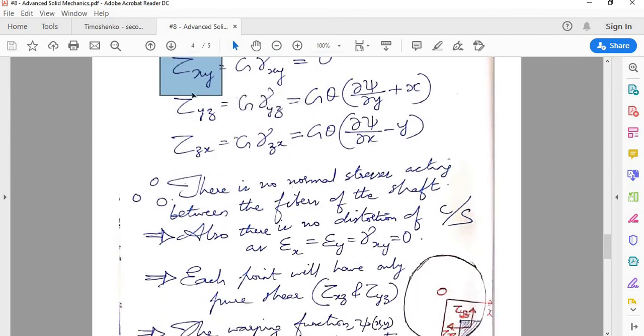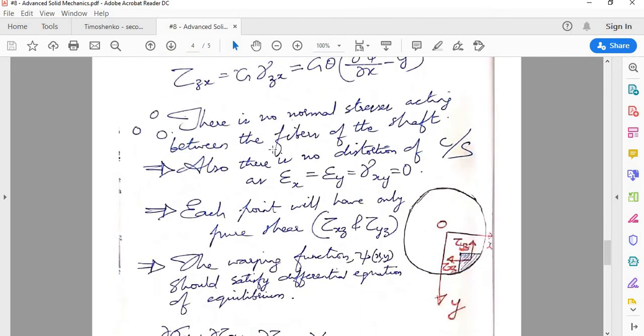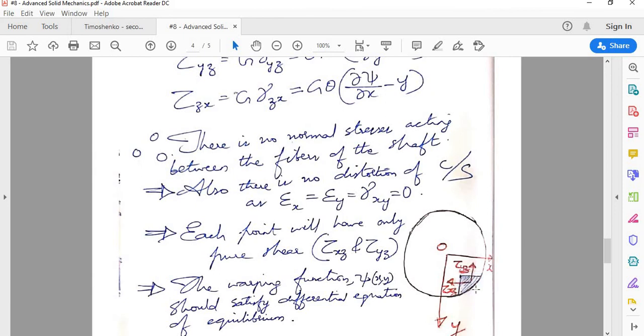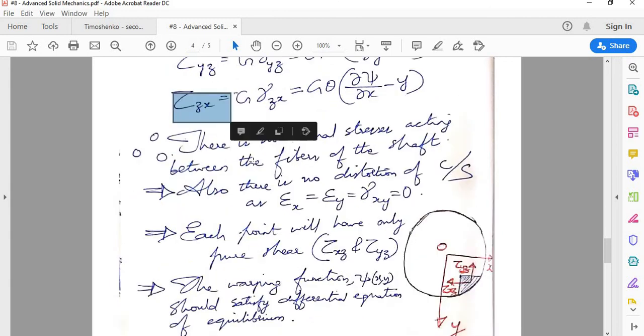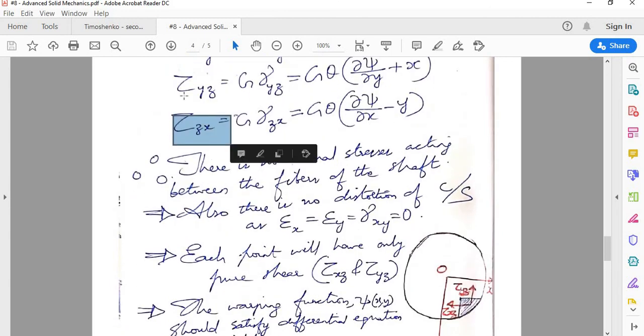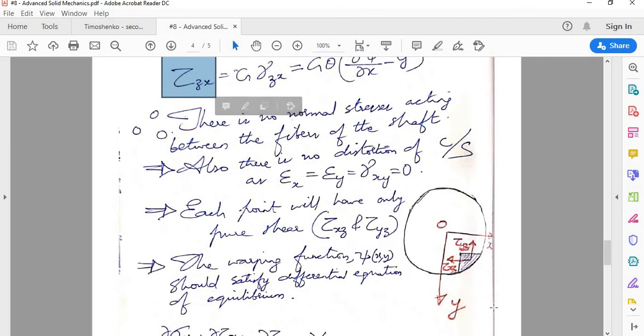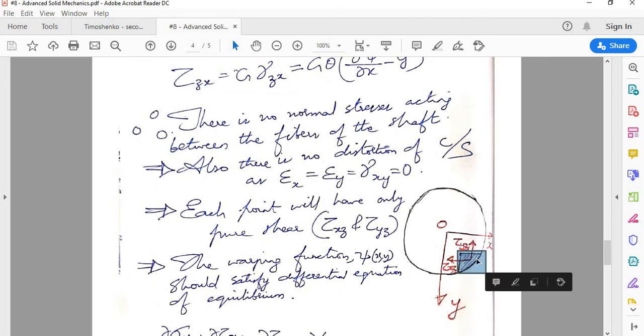Similarly, here tau yz and tau zx: suppose you take an element on the area like this. The outward drawn normal of this area is along the z axis, so this is a z plane. Tau yz and tau xz, or tau zx, both are the same.